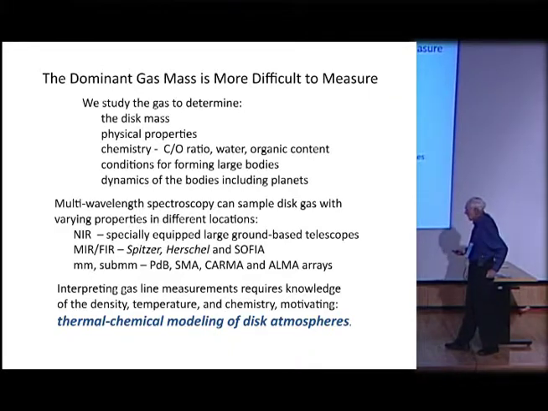And the near-infrared is especially important because it's ground-based, and with large telescopes and special instrumentation, we can get very high spatial and spectral resolution. And historically, the near-infrared has been an important way of detecting CO very close to the young star, as well as some other molecules.